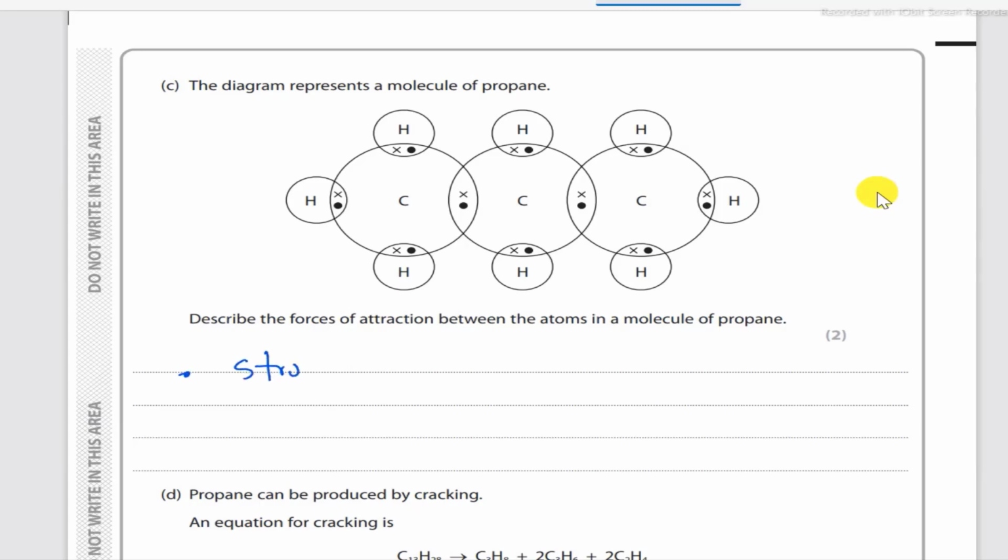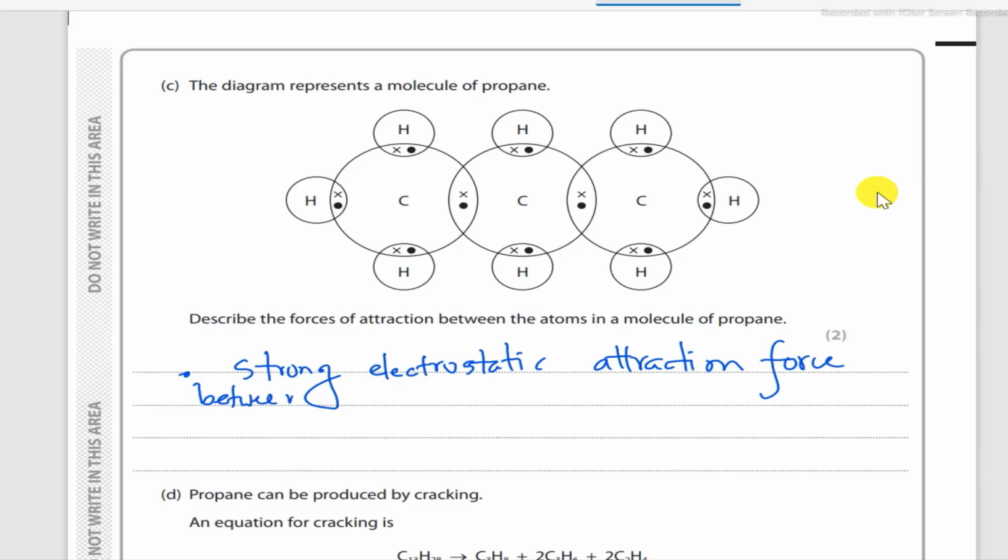Strong electrostatic attraction force between bonding pairs of electrons.